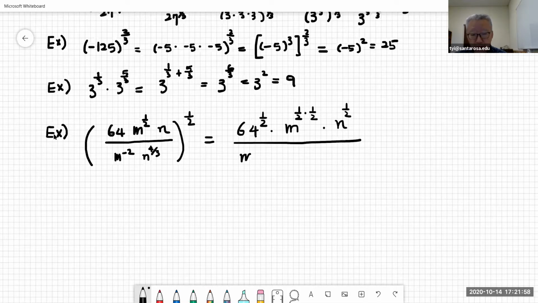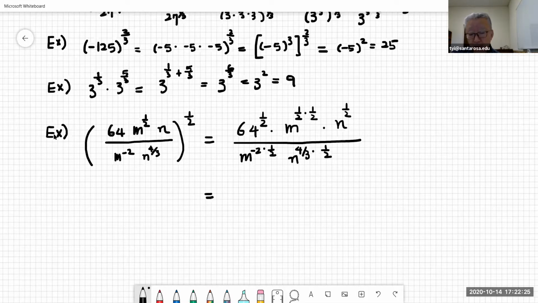You got m to the minus 2 times 1/2, and n to the 4/3 times 1/2. All right, so that looks okay. Now we don't have to worry about the 1/2 outside. It's already evaluated inside everything.